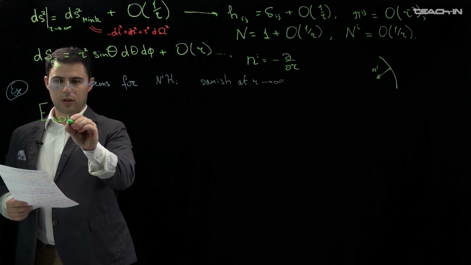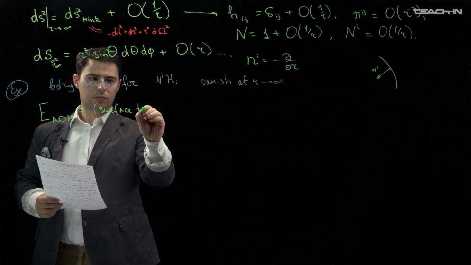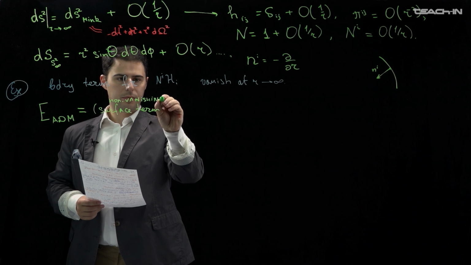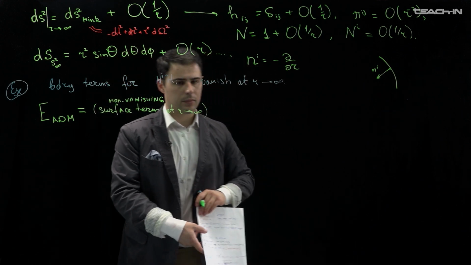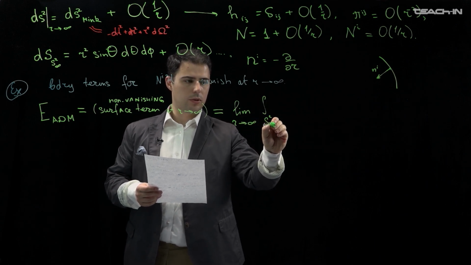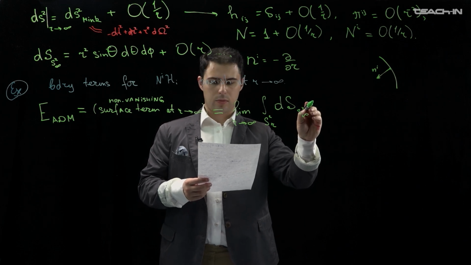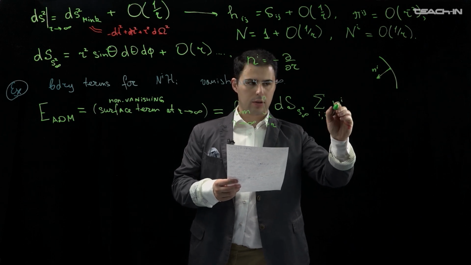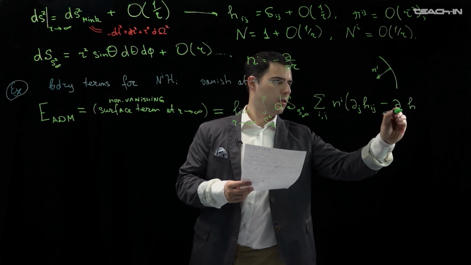So the ADM energy, the non-vanishing surface term at infinity, is given by the limit of r going to infinity of the integral over the two-dimensional sphere of ds, the sum over indices i, j of d_j h_ij minus d_i h_jj.